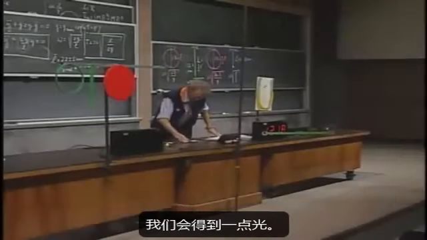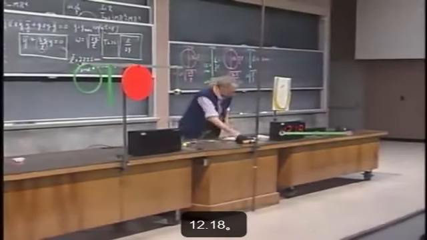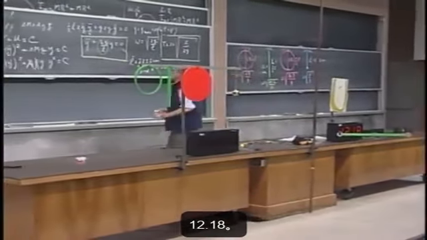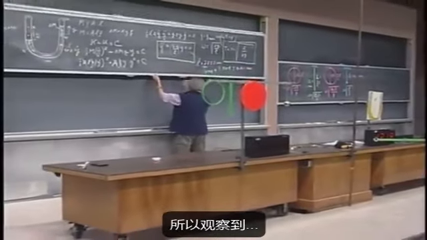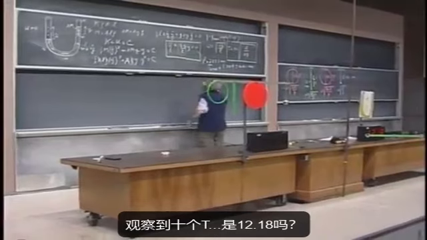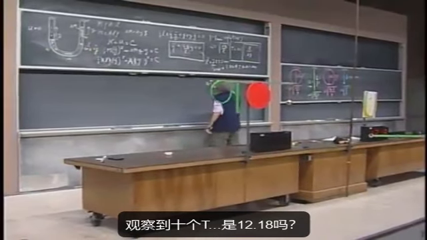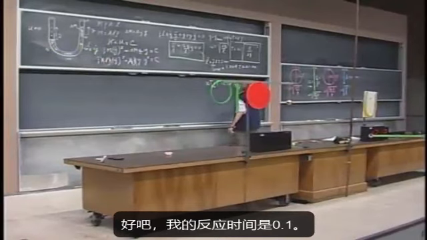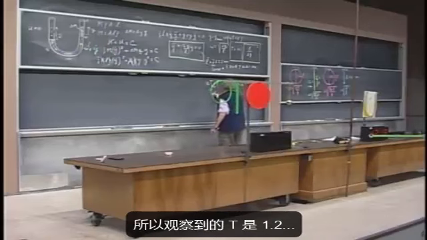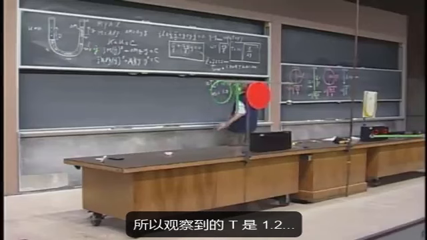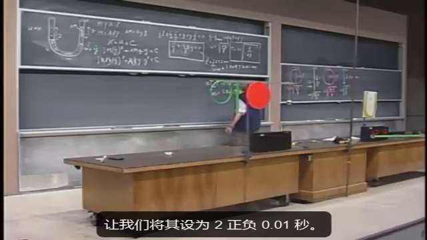Get a little bit of light. 12.18. So observed, 10T observed is 12.18? Okay, my reaction time is 0.1. So T observed is 1.2, let's make it 1.22, plus or minus 0.01 seconds.